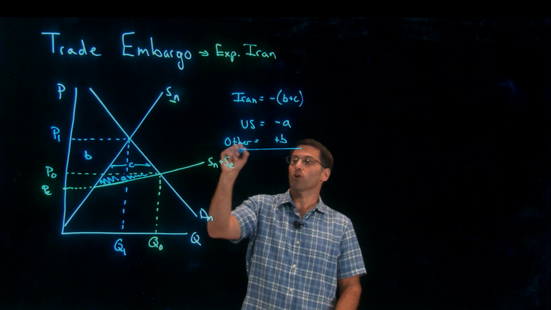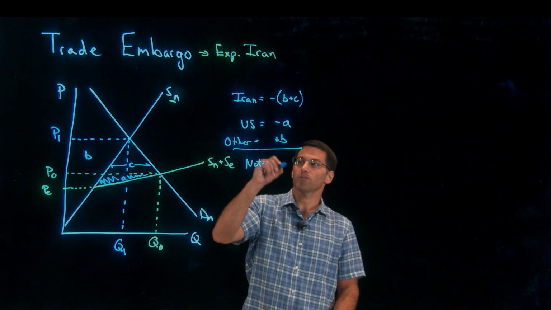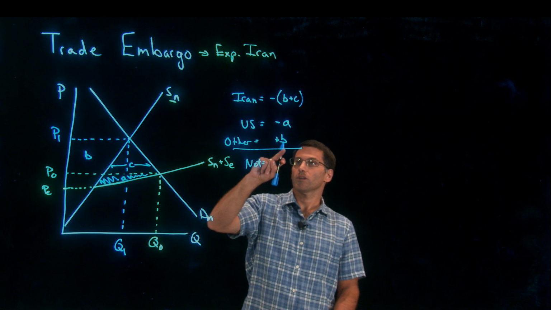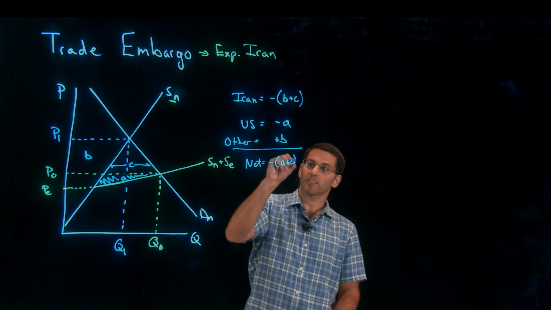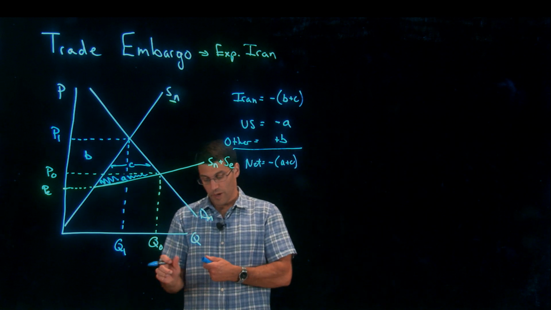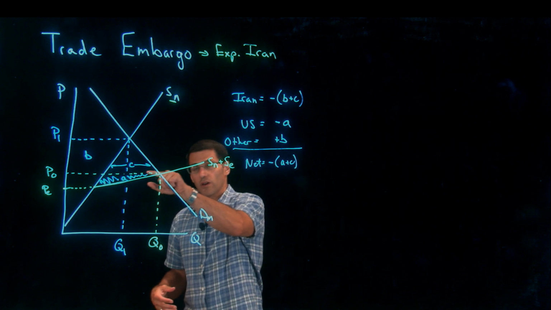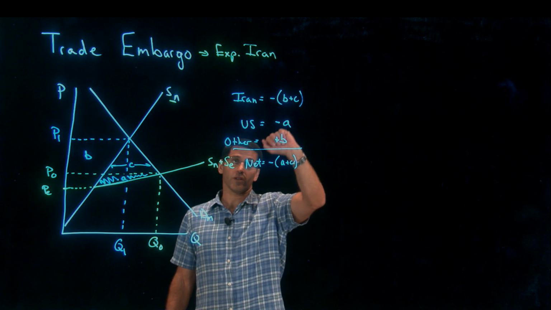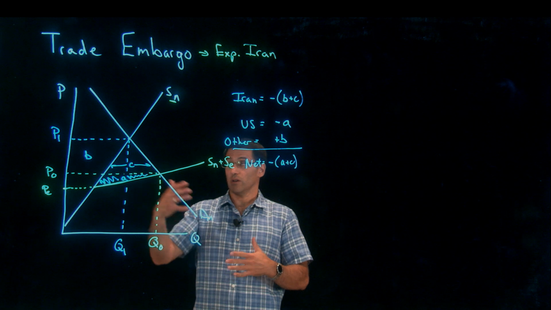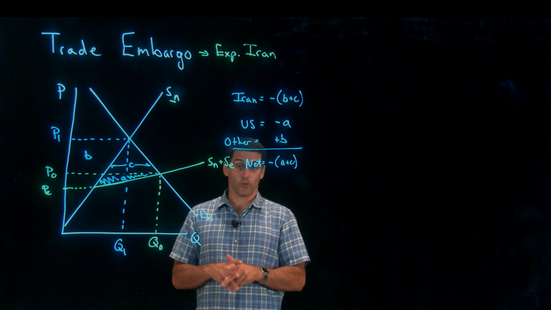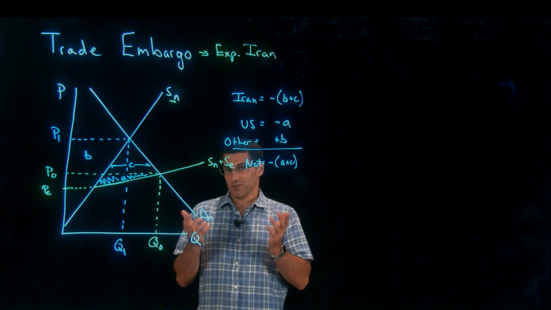Okay. So globally, you actually have losses of A and C. And so the embargoing country, the U.S., loses out. And of course, the embargoed country, Iran, loses out. But the other countries that sell to Iran end up winning, right? So not everybody's necessarily going to be against the embargo.